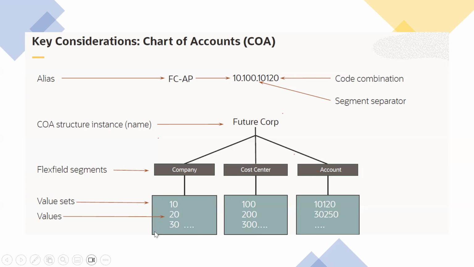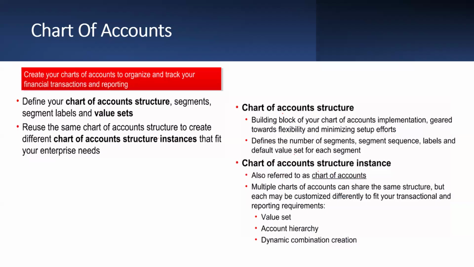And the next one, this box we can call a value set. Under this box, if you create some values, those are called value set values. At each segment level we create different value sets, and under a value set we create values. We'll discuss one by one: what is a value set, what are values, what is a segment, what is a chart of accounts, what is a chart of accounts instance, what is a chart of accounts structure.